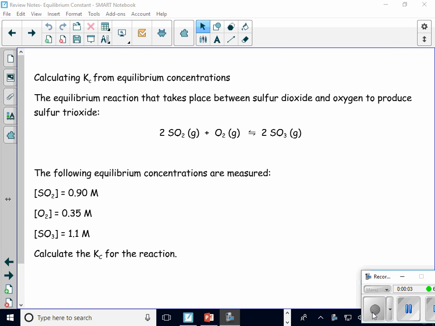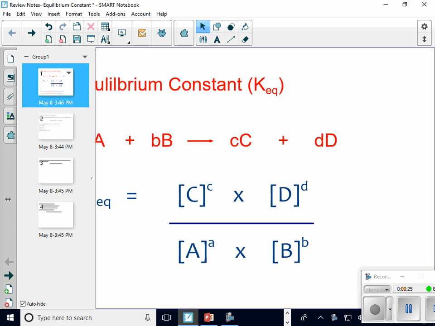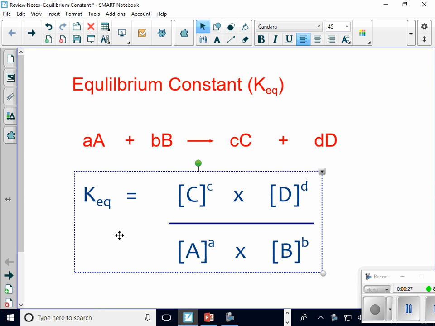Now, when we're looking here at our equilibrium constant, here's our first example, but I wanted to first talk a little bit about our equation for the equilibrium constant.